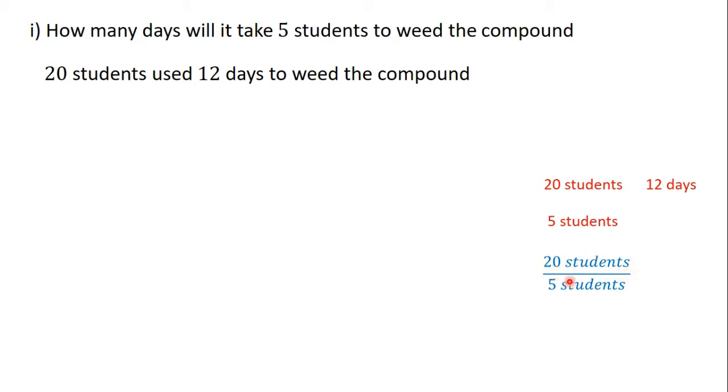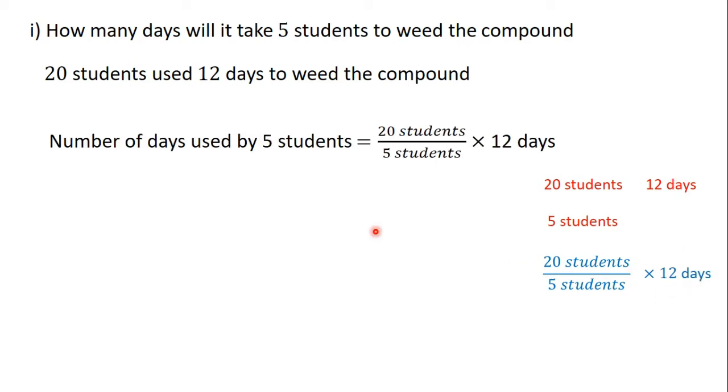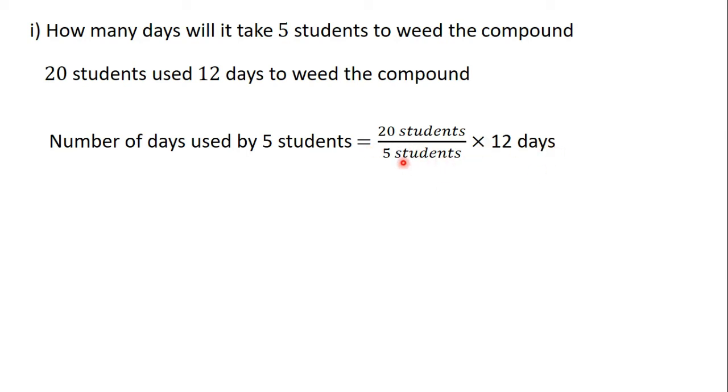After that, we will multiply this fraction by the number of days. So we have 20 students divided by 5 students times the number of days, which is 12 days. This means that the number of days used by 5 students will be equal to 20 students divided by 5 students times 12 days.